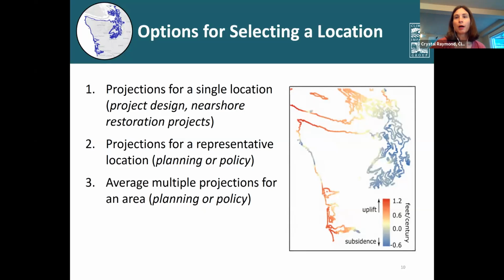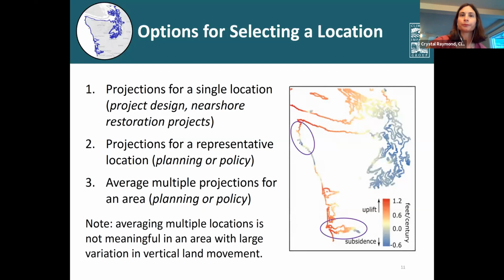You also have the option of looking at and averaging multiple projections for your area of interest, and you can download the data from the Tableau visualization tool and simply average the values for multiple locations.